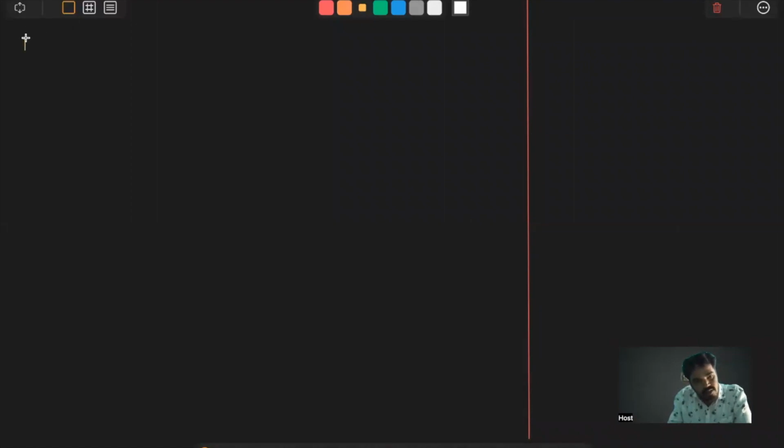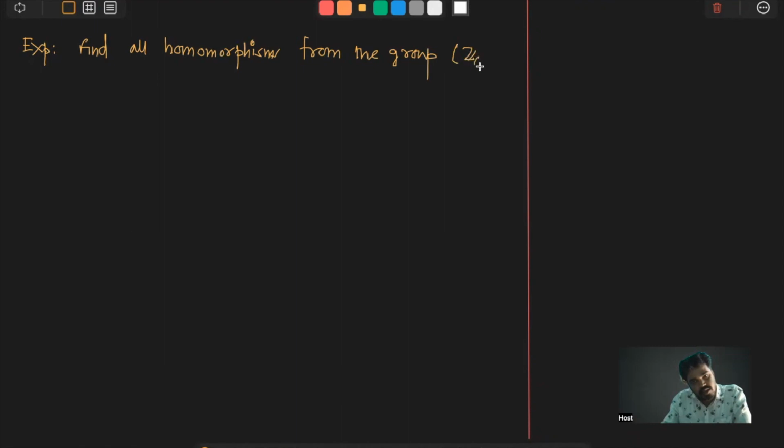Find all homomorphisms from the group Z6, plus to Z4, plus. Okay.